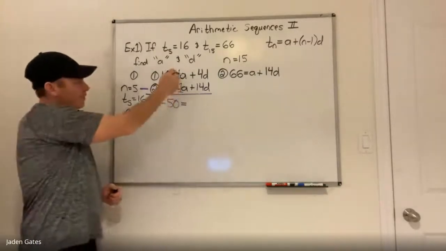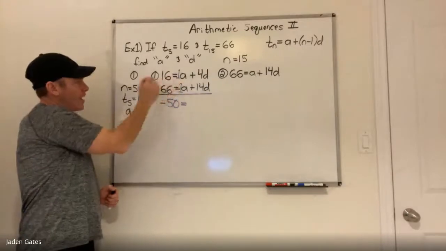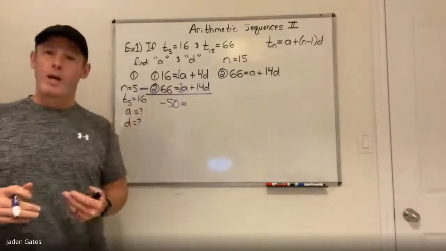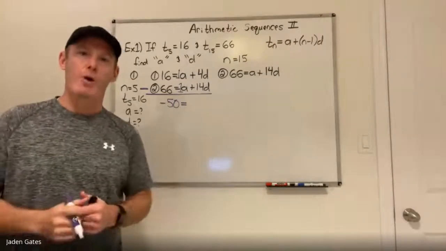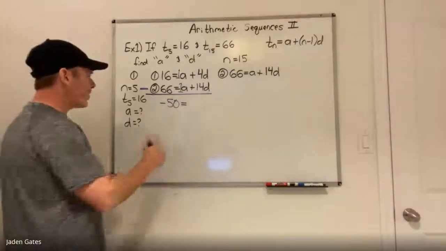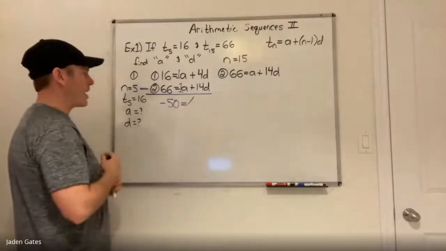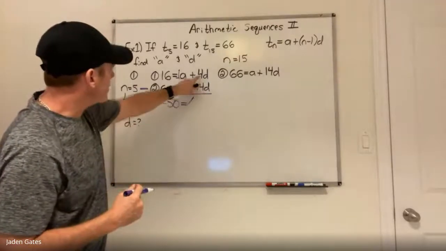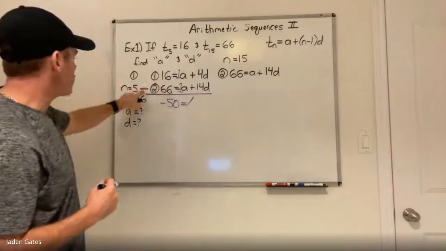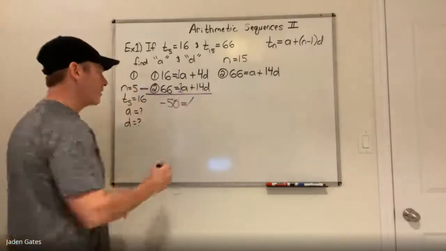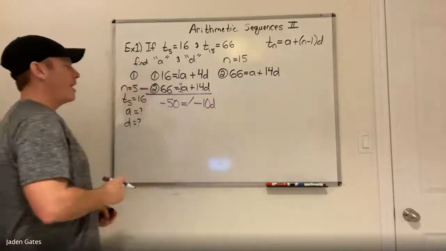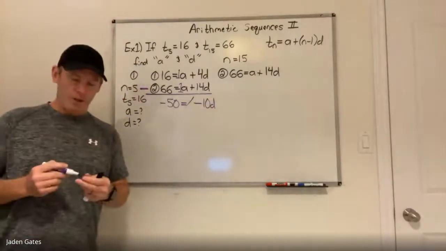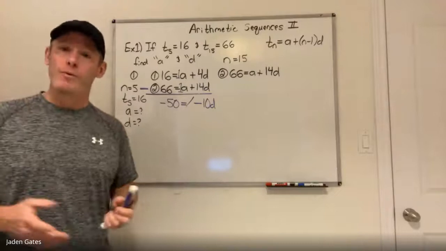Then I have 1A minus 1A, which is 0 A's. It's been eliminated, which is why they call this elimination. So we have no A's there. But then I have to do the D's, where I have 4D subtract 14D. That's a minus 10D. Now, because I've done elimination, I have one equation, one unknown, which I can solve.